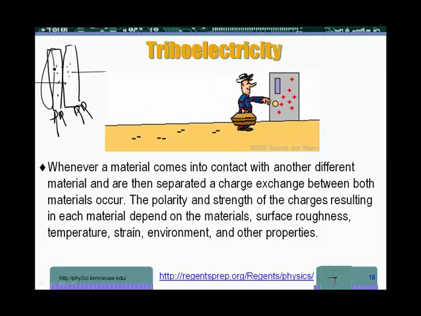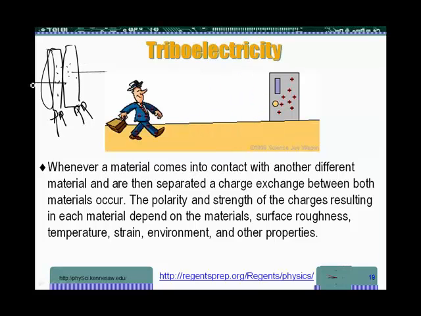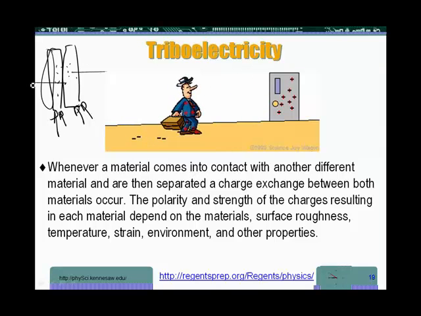That's going to happen all the time. If the two materials are identical, I'm going to have the same number of electrons that are going to jump from one end to another, then from the other one to the other one.